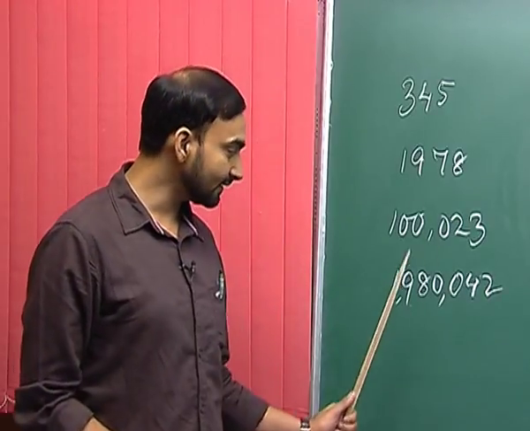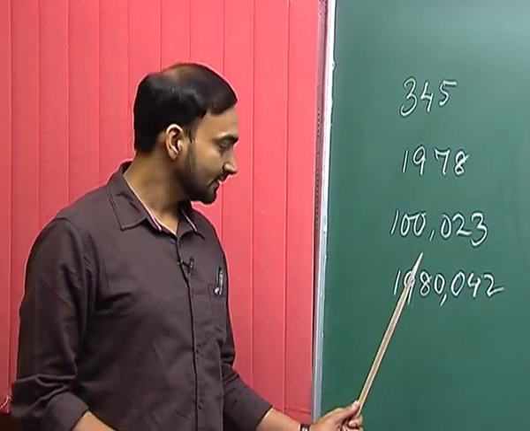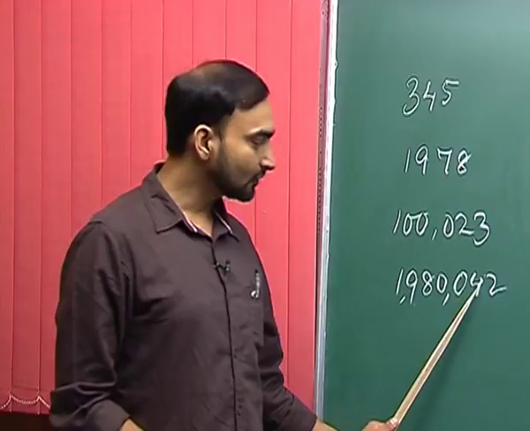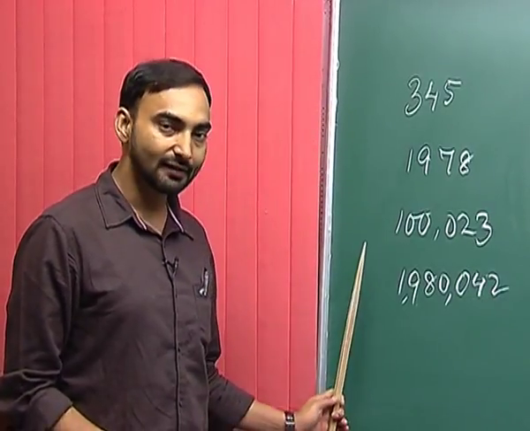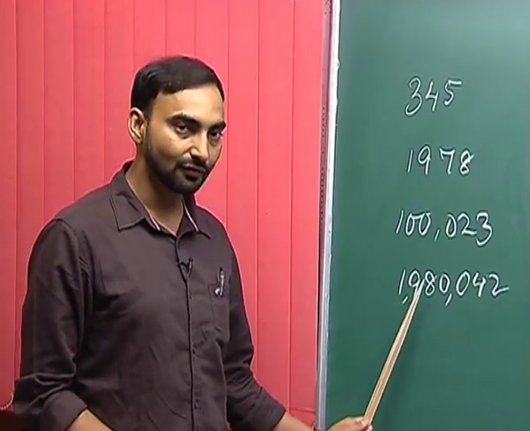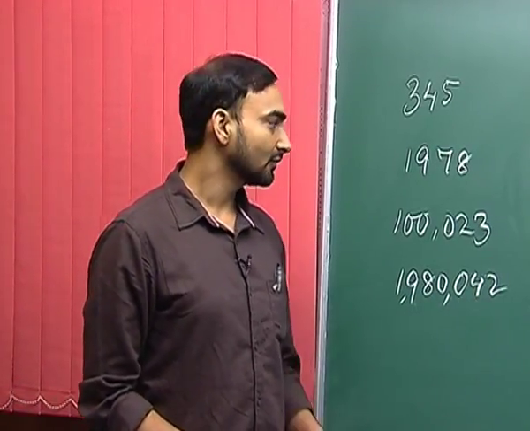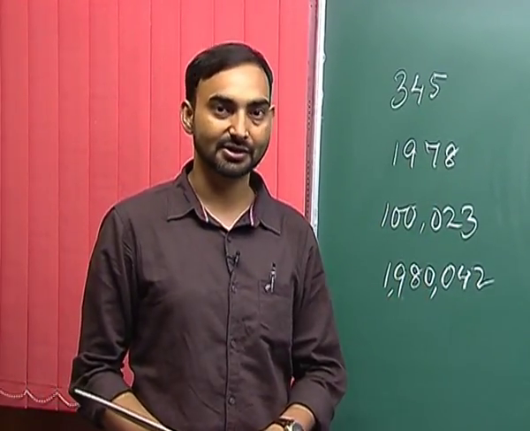Why? Because this 980 ends with a 0. 980,000, 40, 2. 1 million 980,000 42. So, this is how we say cardinal numbers in Russian.